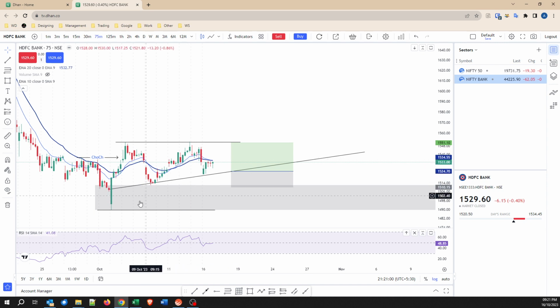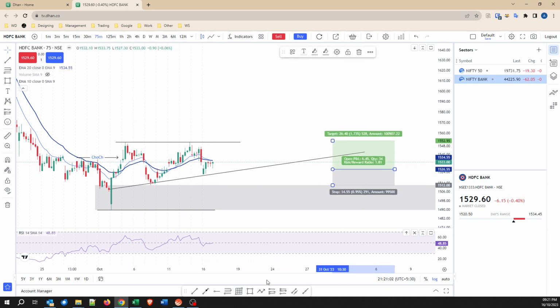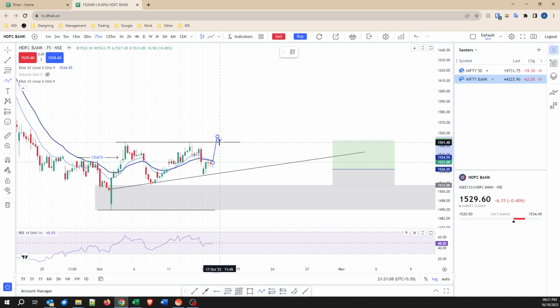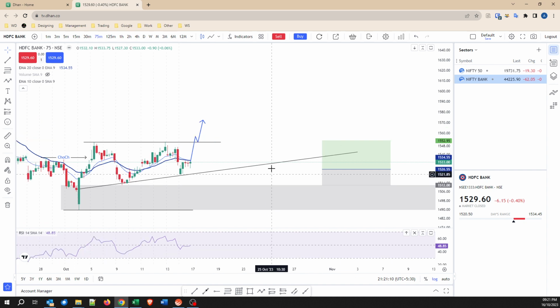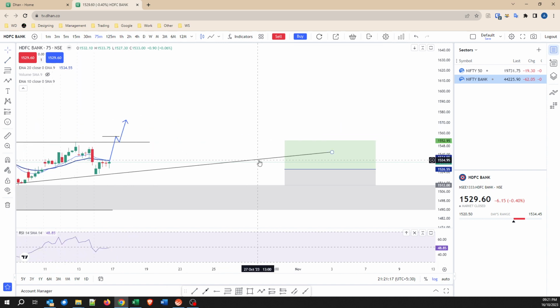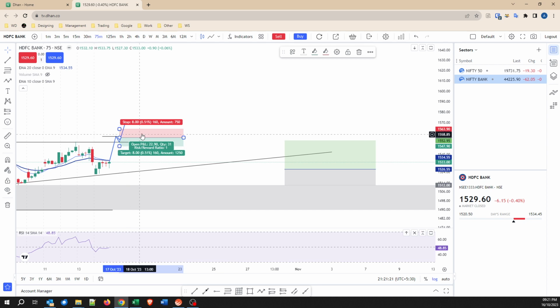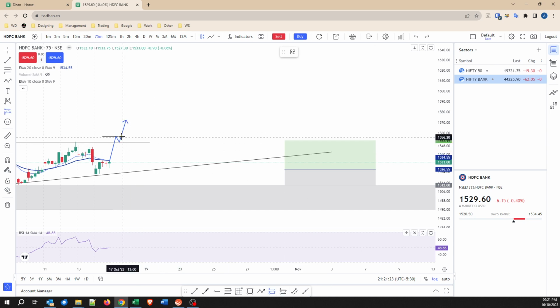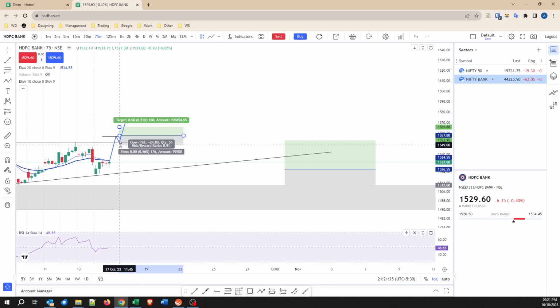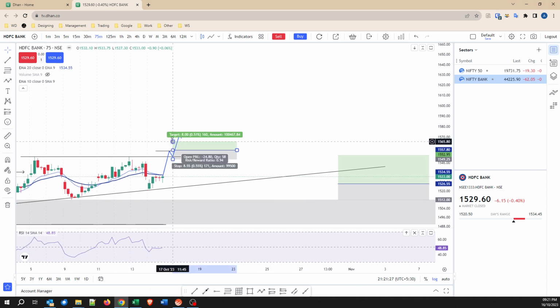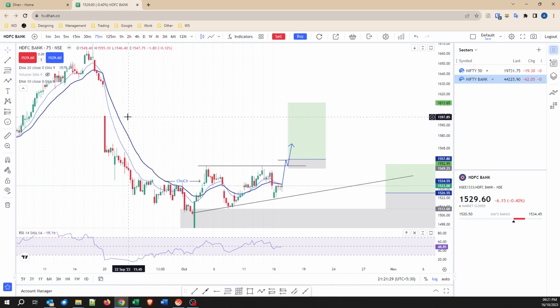A better option is, once the price moves above this and closes above this, gives a retracement, and the retracement high is taken out, enter somewhere around here, stop loss below this point, and then the target will be up until here.